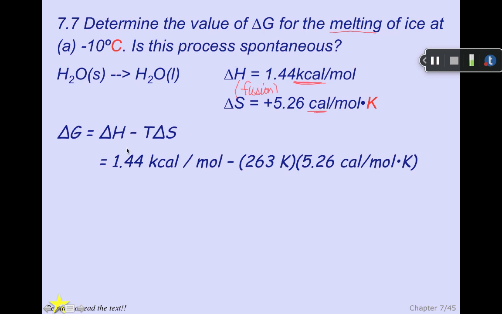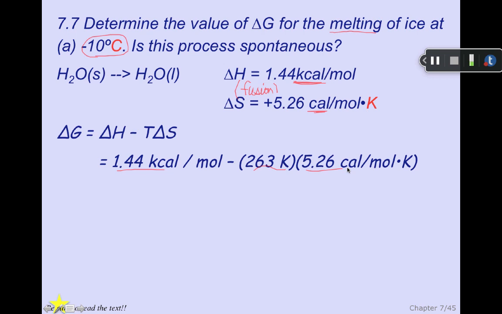So putting in numbers, delta H is the 1.44 kilocalories per mole, and the temperature, minus 10 Celsius. Make sure you use Kelvin, or you'll get something goofy because it'll change the sign too. Minus 10 Celsius is 263 Kelvin, and multiply that times the entropy value.